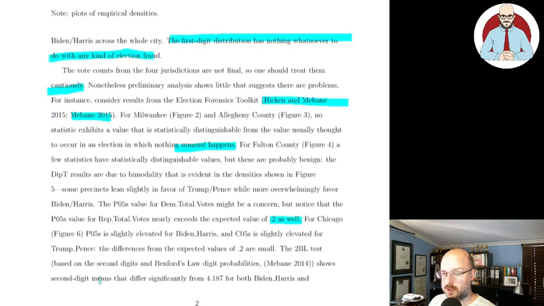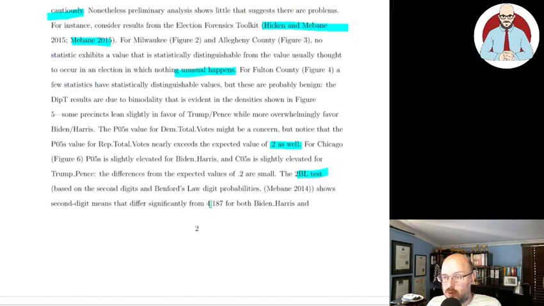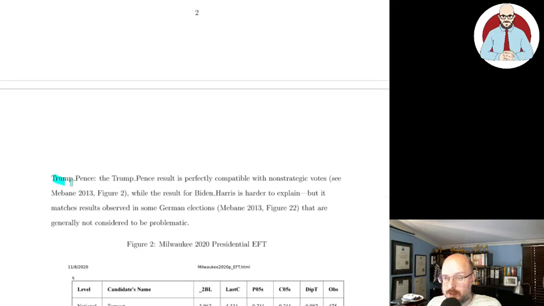For Chicago, Figure 6, PO5S is slightly elevated for Biden-Harris, and CO5S is slightly elevated for Trump-Pence. The differences from the expected values of 0.2 are small. The 2BL test, based on the second digit and Benford's law digit probabilities, Mebane 2014, shows second digit means that differ significantly from 4.187 for both Biden-Harris and Trump-Pence.